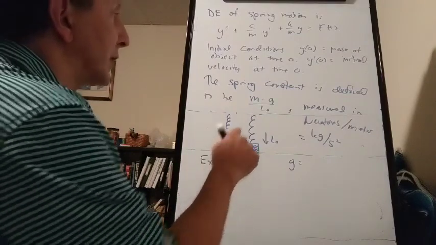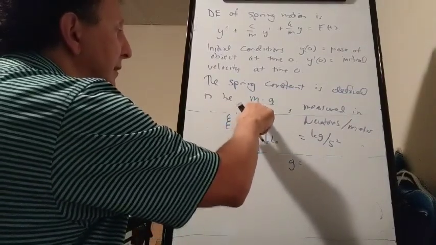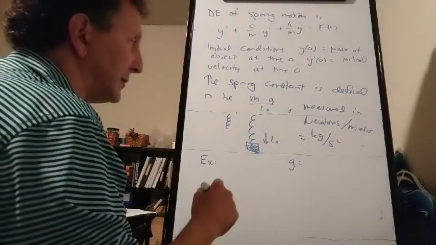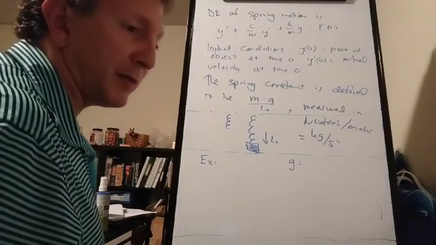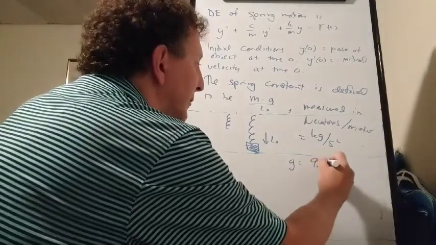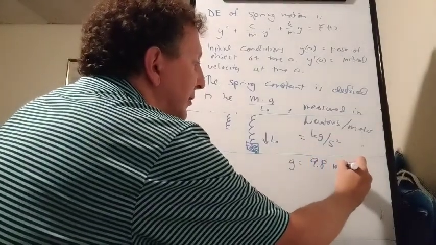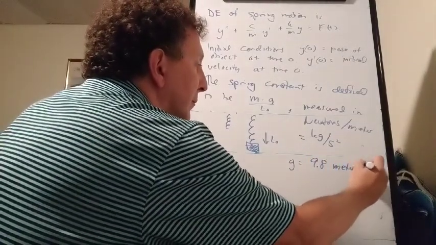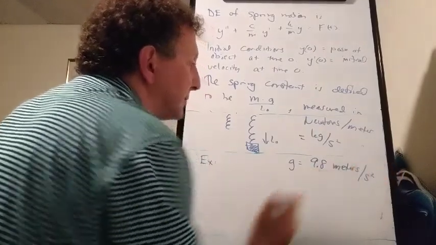Now we're going to measure the displacement in meters, and the gravitational constant that corresponds to that is 9.8 meters per second squared.